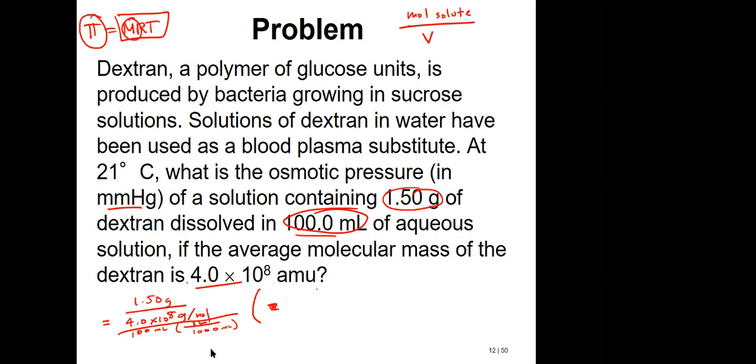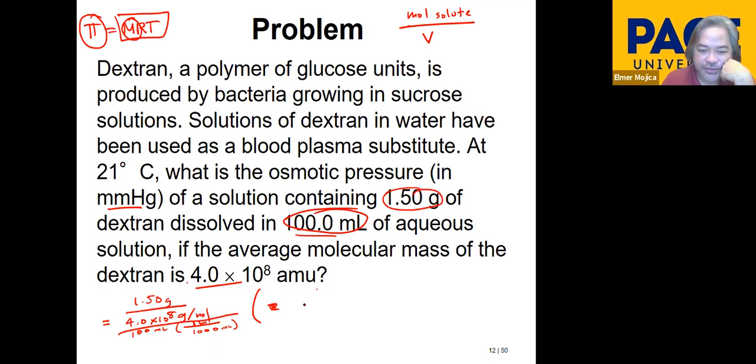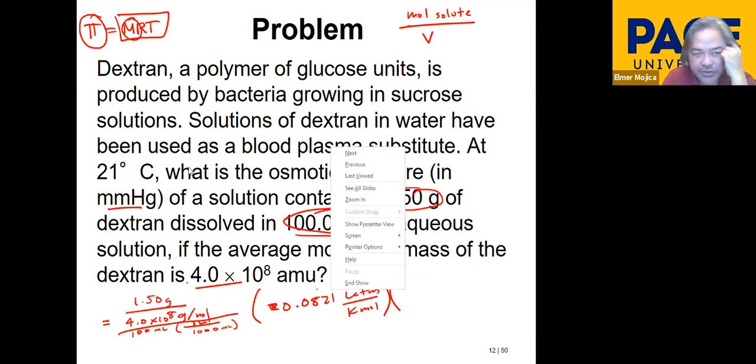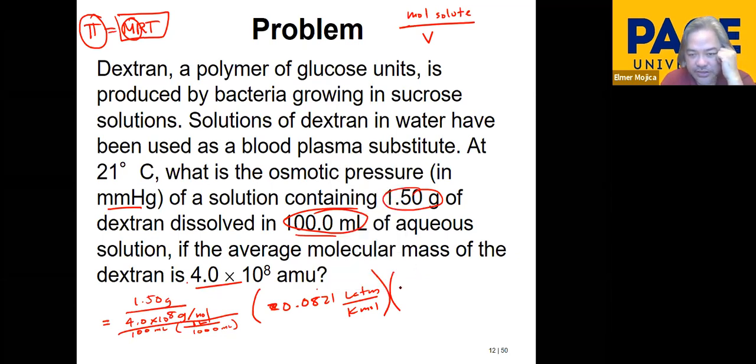Okay. So this is not an energy problem, so you're going to use the 0.0821. Then you multiply it with the given temperature, which is 21 degrees Celsius plus 273 Kelvin.